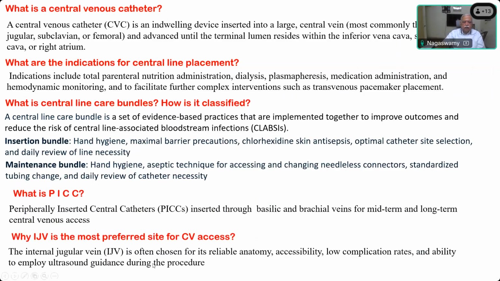The IJV is chosen for reliable anatomy, easy access, low complication rates, especially if you get an extravasation, by compression you can easily stop the bleeding, which is not possible with subclavian, and which is also more with femoral. So the lowest incidence of extravasation and hematoma formation is with IJV, because we can apply good compression and stop the bleeding, and there is the ability to apply ultrasound guidance during the procedure. So these are the reasons that you have to answer if the examiner asks why IJV is the preferred access.